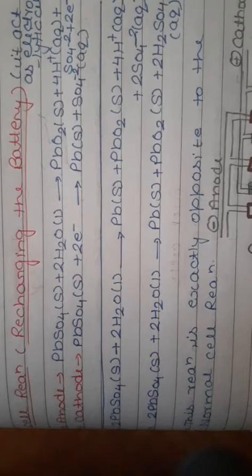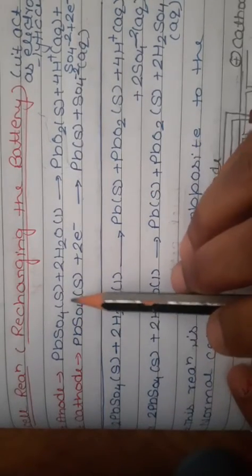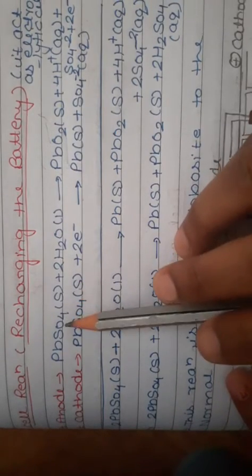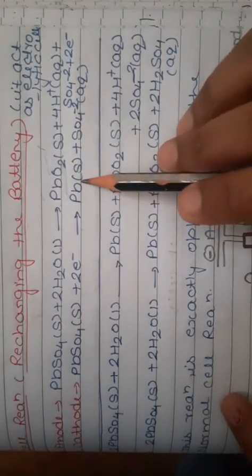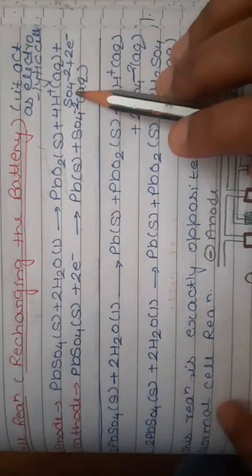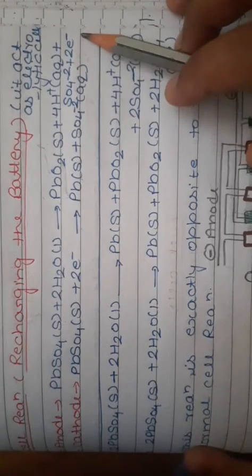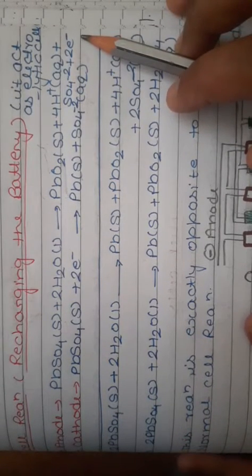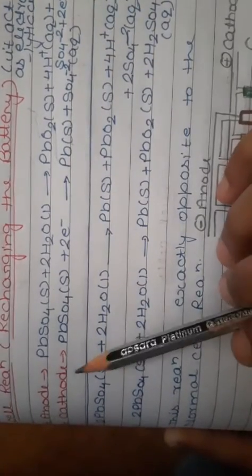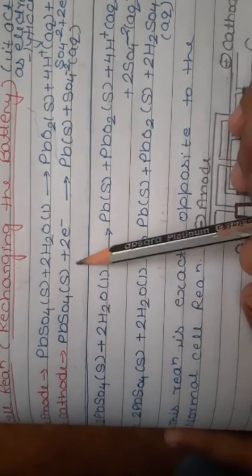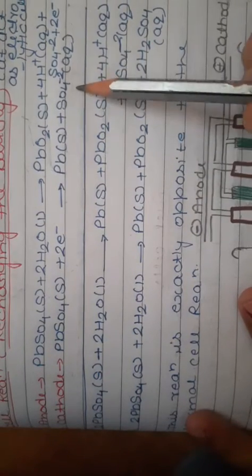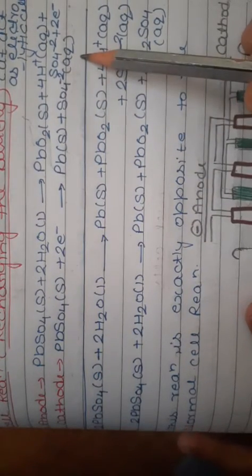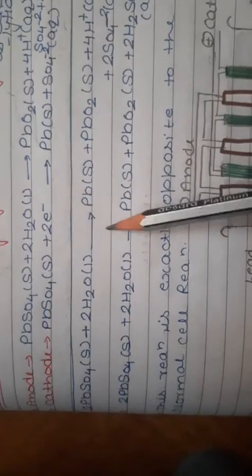The cell reactions are reversed. At the anode you can see that lead sulfate reacts with water and forms lead oxide and sulfuric acid, and 2 electrons are removed. Now at the cathode, lead sulfate accepts these 2 electrons and forms lead plus sulfate ions. Okay, now combine these cells.